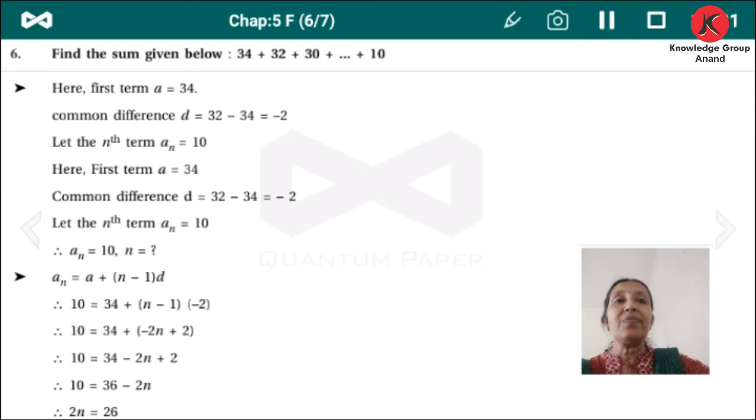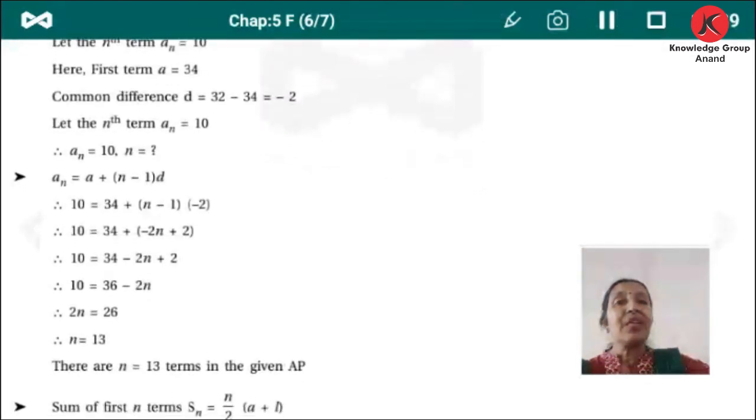First we find n where an is equal to 10. an is equal to a plus (n minus 1) into d. 10 is equal to 34 plus (n minus 1) into minus 2, that is, 34 minus 2n plus 2.